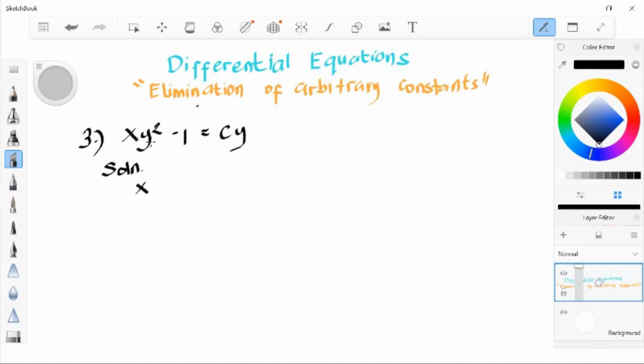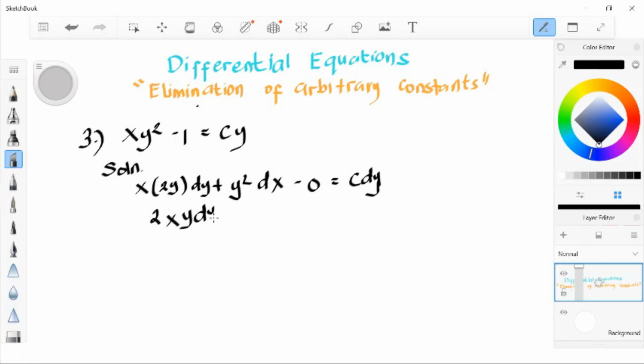Copy x, the derivative of y squared is 2y dy, plus copy y squared, the derivative of x is dx, and the derivative of 1 is 0, and for this term cy, factor c, the derivative of y is dy. So simplify further, that is 2xy dy plus y squared dx is equal to c dy.